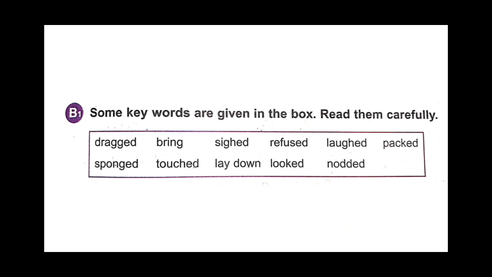Then packed, sponged, touched. Touched means to touch something. Lay down. Then looked, and then nodded. Nodded means to move your head.